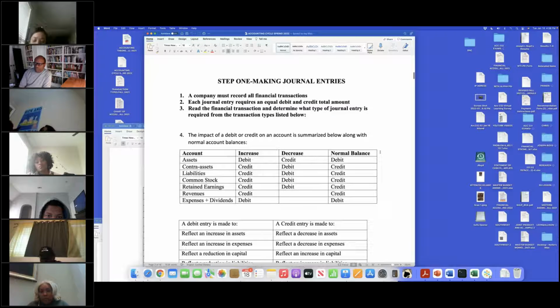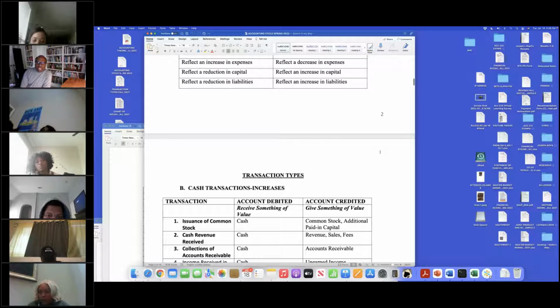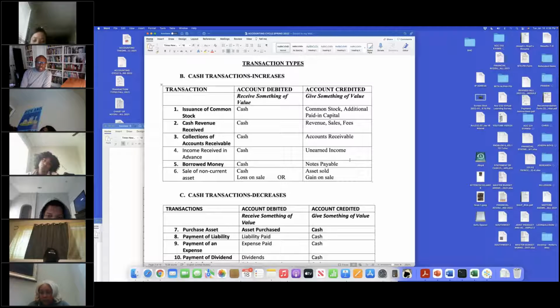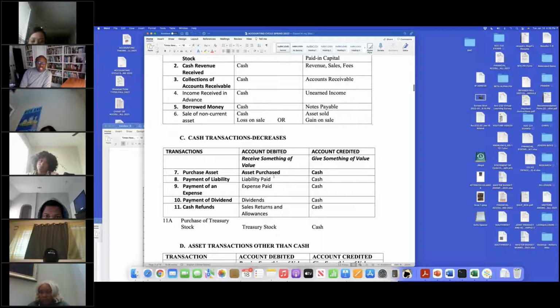One of the things that we did in Principles 1 was to look at the main types of transaction journal entry. Everything starts with a journal entry. And so we had about 6 journal entries that involved cash coming in, where cash was debited and another account was credited. Then we had another 5 where cash was paid out and we debited another account and credited cash.